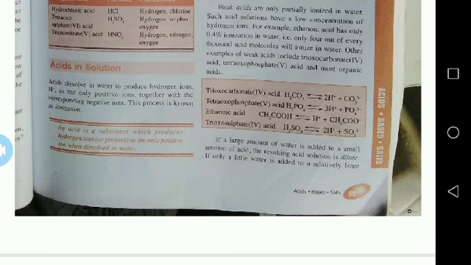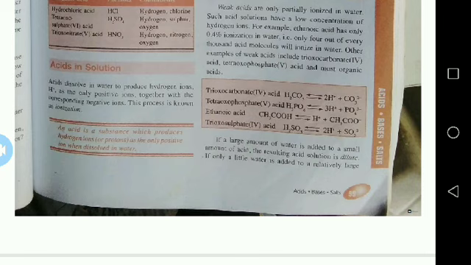Now, the basicity of an acid is referred to as the number of hydrogen ion present in one molecule of an acid.